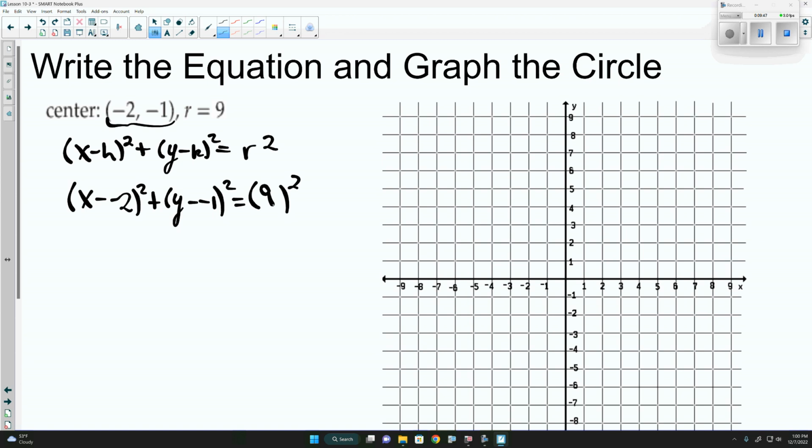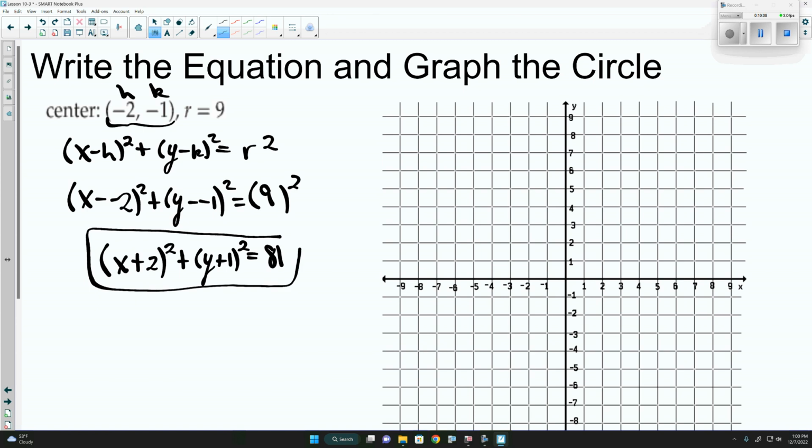Well, the radius is 9, because again, we're just plugging in for h, k, and r. And when we simplify this, the negative negative makes a plus. So we have (x + 2)² + (y + 1)² equal to 9 squared, which is 81. And that's it. We just plugged it in.